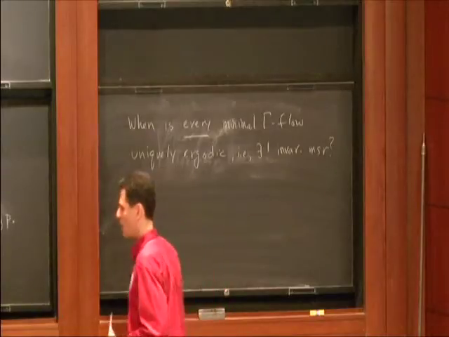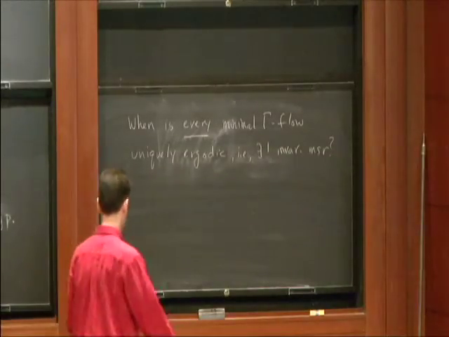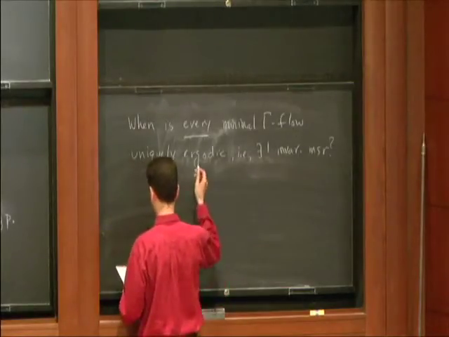Well, that sounds hard to answer because you have to consider every possible minimal action. However, like the example of a compact group, it turns out that there's only one that you need to consider. It's called the universal minimal gamma flow.